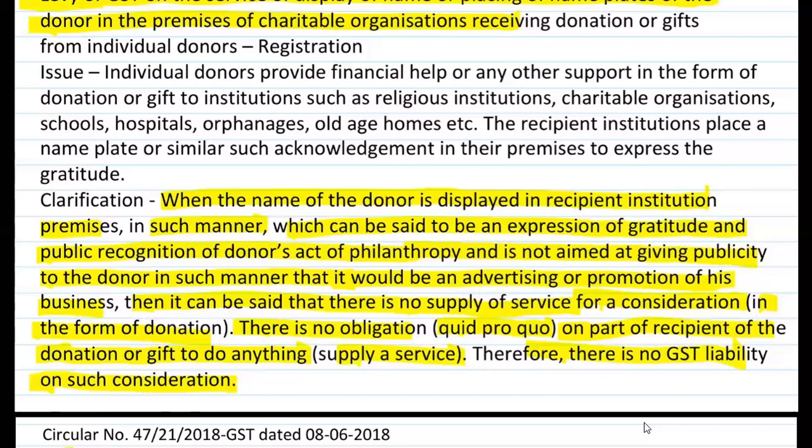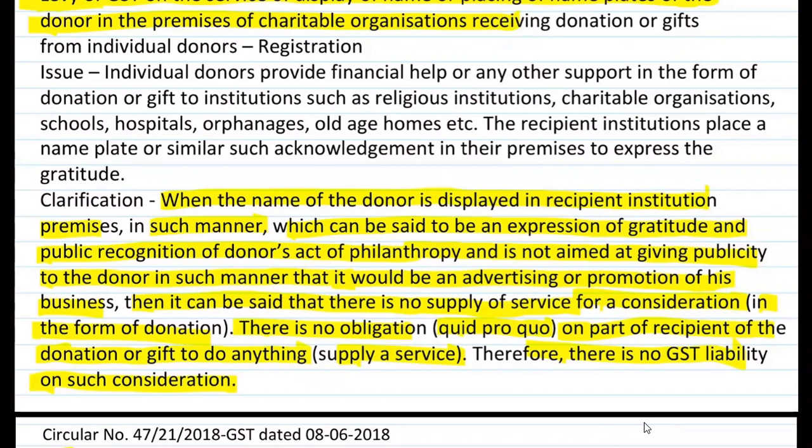So it seems like an advertisement for me, that people will come, read about me, and come to know that I'm dealing in furnitures. Whenever it depicts a kind of advertisement, in that case it will be a supply of service, advertisement service, and GST will be levied.